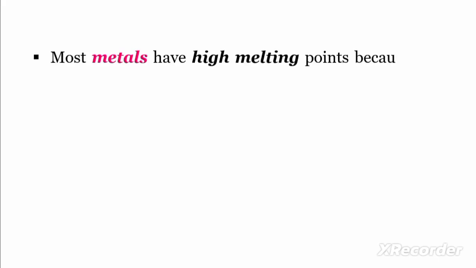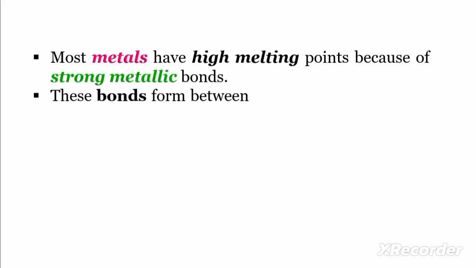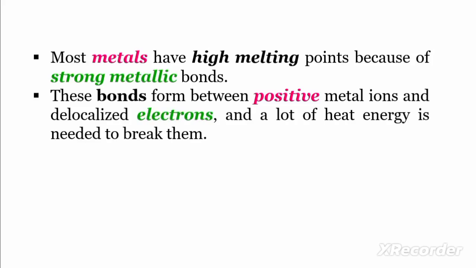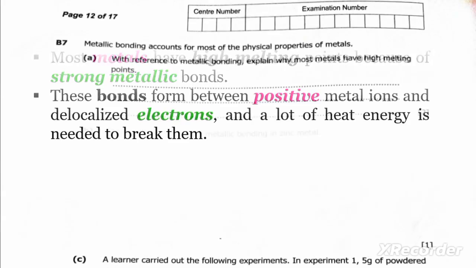Ladies and gentlemen, before answering this question, we need to remember that most metals have high melting points because of strong metallic bonds. These bonds form between positive metal ions and delocalized electrons, and a lot of heat is needed to break them down.